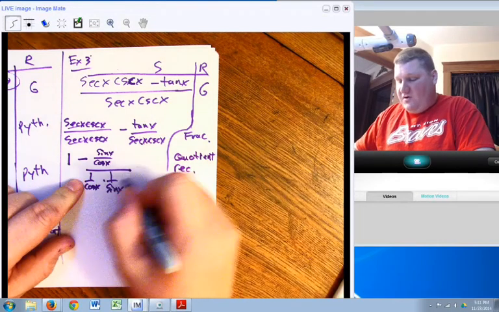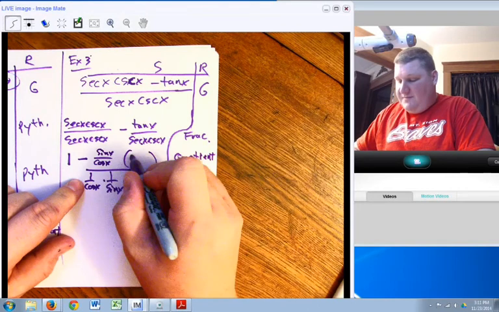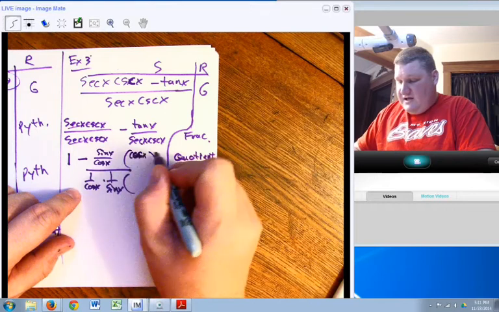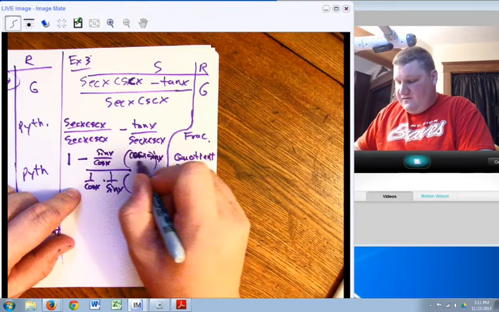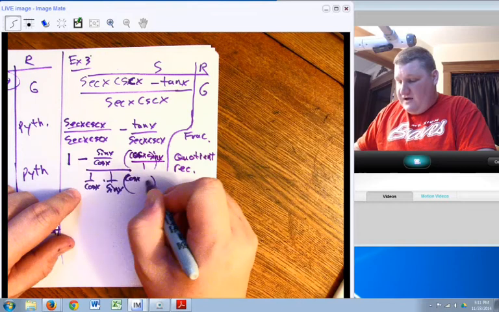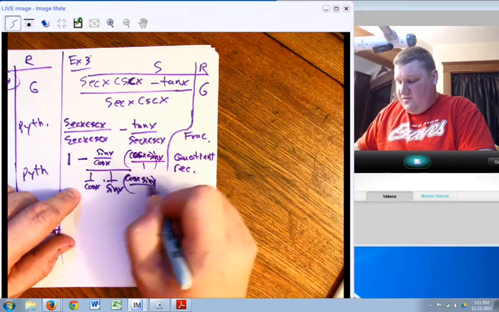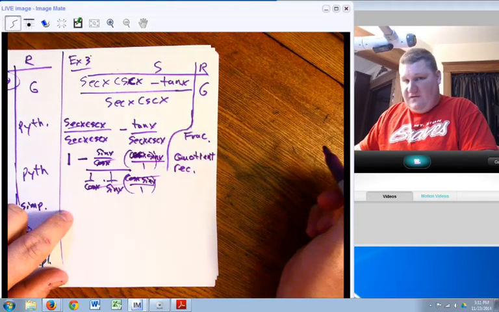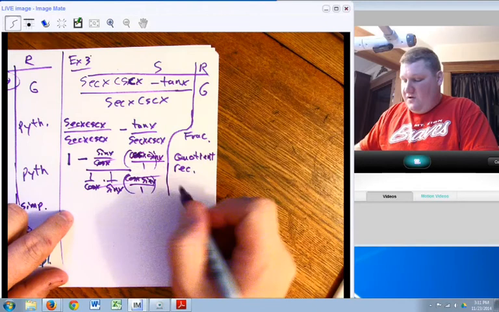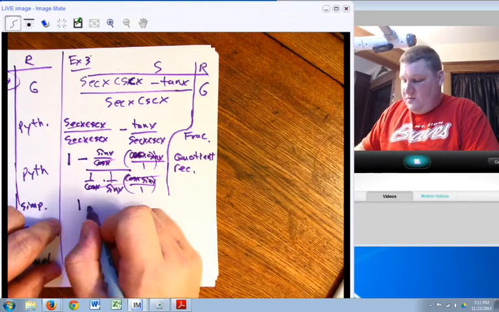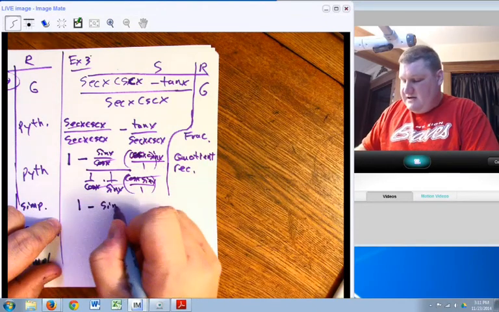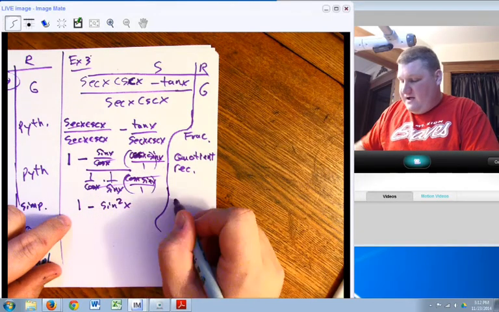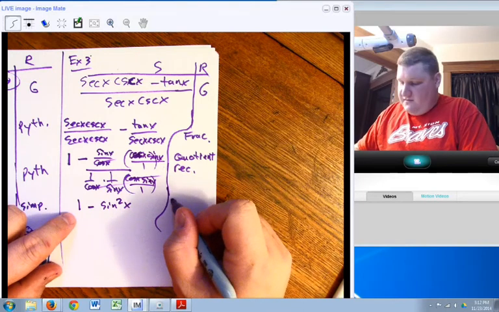Now, first of all, I'm going to multiply top and bottom by cosine x sine x over 1. Those cancel. This cancels. And so by simplification, I come up with 1 minus sine squared x, because I have a sine times a sine. And that's by fraction reduction.